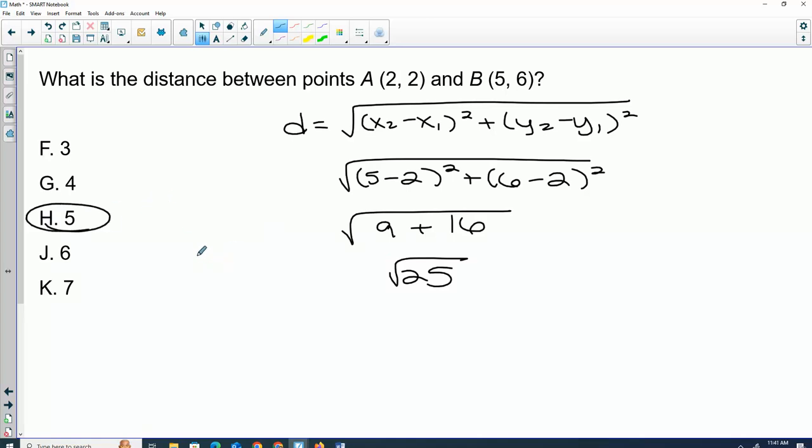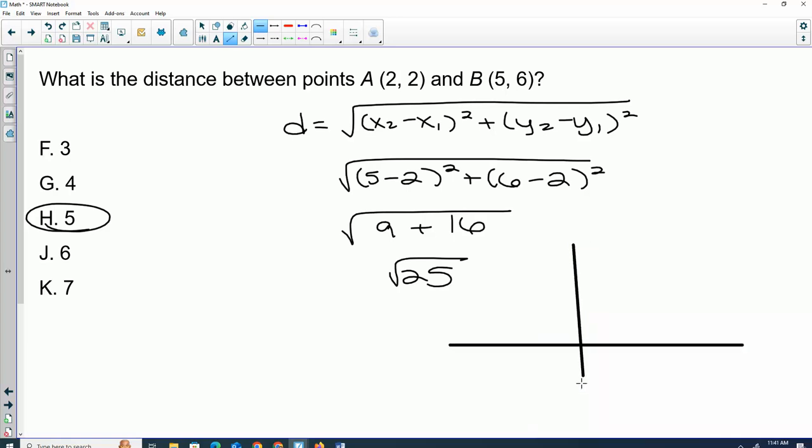Now, what happens if you are on the ACT and you don't remember the distance formula? You can still get there if you draw yourself a picture. You have the point 2, 2. We have 5, 6. I want to know how far apart these are.